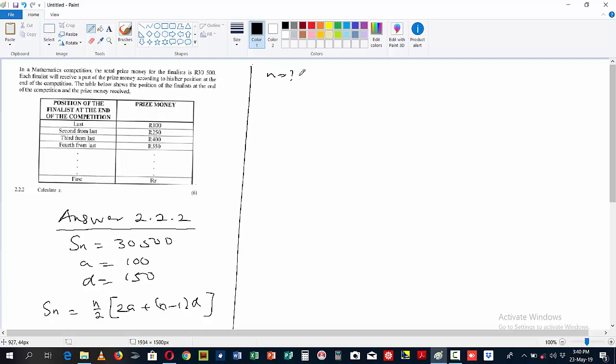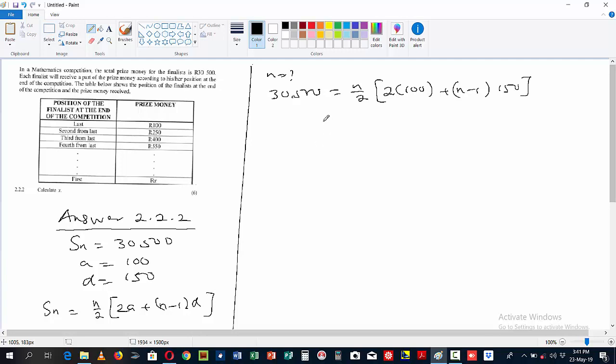We state that Sn is 30,500 equal to n over 2 into 2 times a, where a is 100, plus n minus 1 into 150.